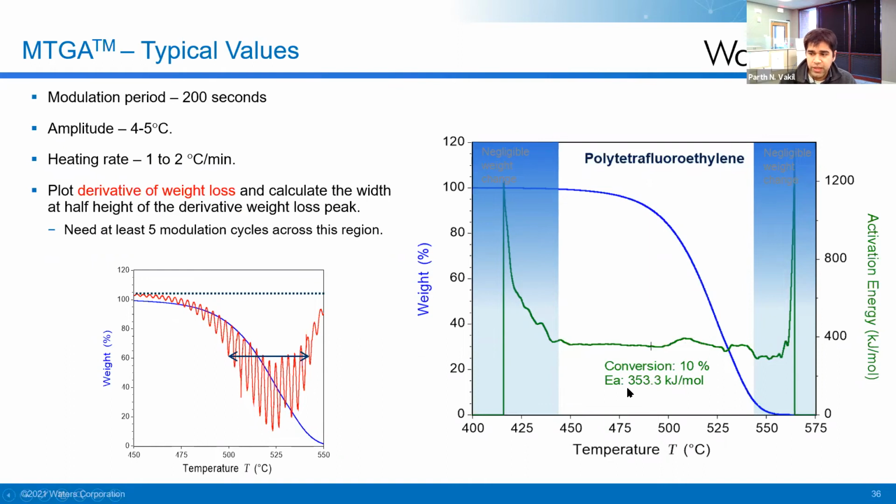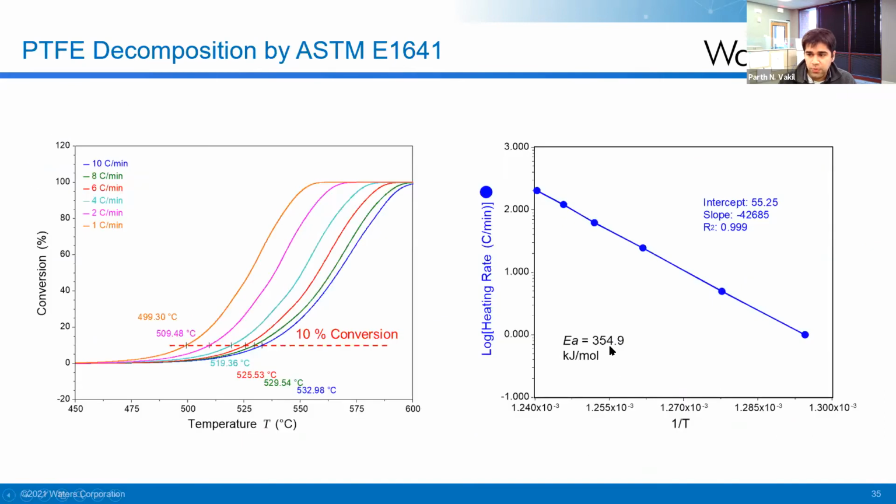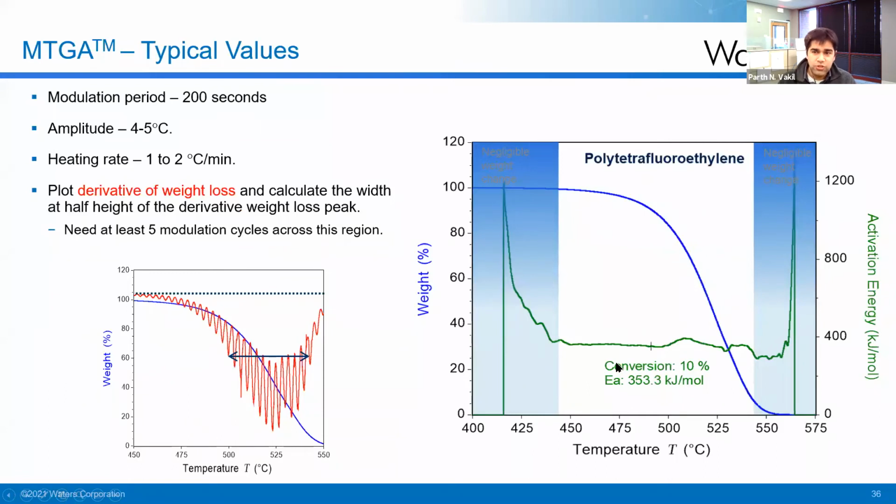And if we look at this value for activation energy for PDFE, it is 354, which is pretty close to what we saw using the ASTM method. So modulated TGA is a method that reduces the need to run more than one specimen. And in one experiment, you pretty much get the activation energy on your TGA data. And so you can use this to then predict lifetimes.